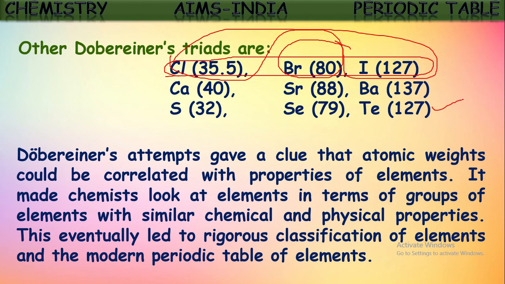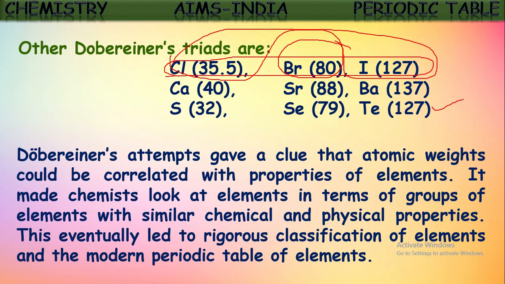By this, scientists started to observe the elements as groups based upon their physical and chemical properties. This eventually led to the rigorous classification of elements and the modern periodic table. So we can say this is the starting point for chemical classification based upon properties.